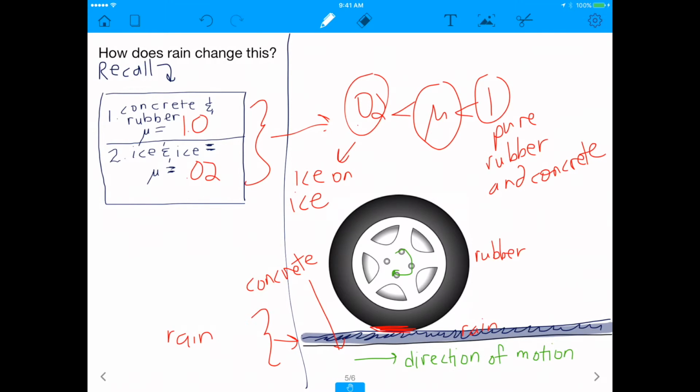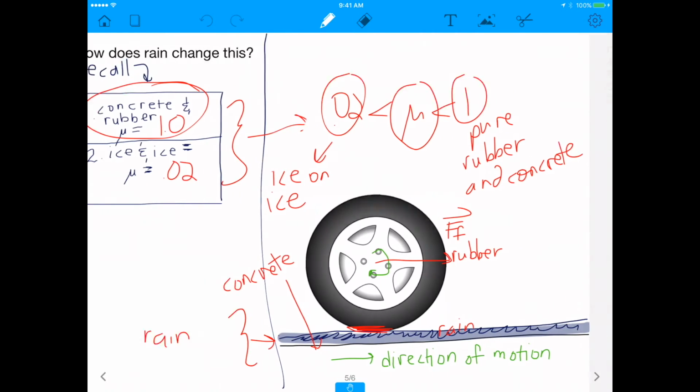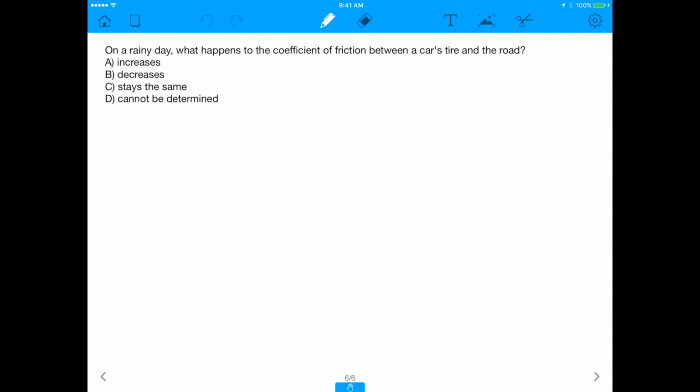So when rain is present, this frictional force that was initially present is actually going to be less, because the coefficient of friction is going to decrease. Because remember, pure rubber and concrete was 1. And when we have rain, there's no more pure rubber and concrete. The rubber of the tire is now hitting water in a sense, and then it's hitting the concrete. And so if we actually go back to the original question, the coefficient of friction between a car's tires decreases.